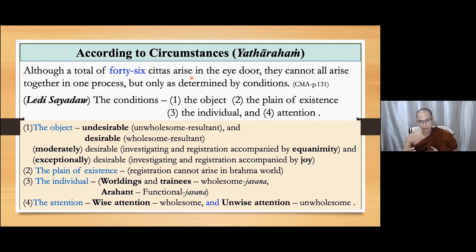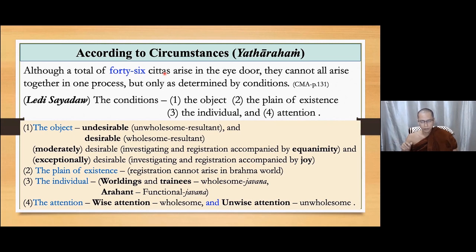So we divide it into the 44 and 10 Dvipanja Vijnana. But if we count collectively, they are 54 sense sphere consciousnesses. But in each door, the 46 can arise. But they do not arise at the same time.